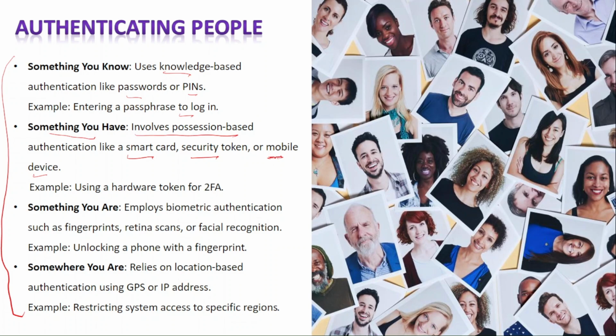If your smartphone is not available or is stolen, then you cannot log in. Similarly, if you have an ATM card, then you can withdraw cash along with the PIN. If you only know the PIN and don't have the ATM card, again you cannot access the cash. So this factor is known as something you have.